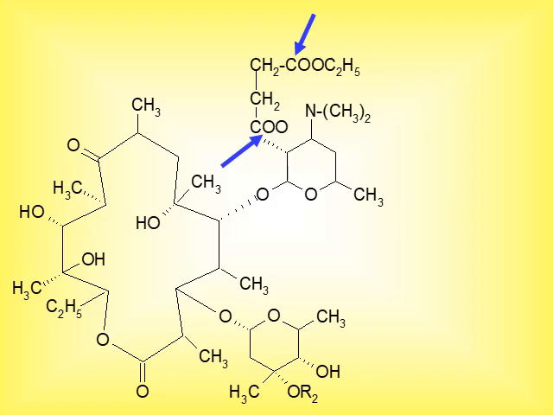As we see here from the blue arrows, one carboxylic acid will be attached to the desosamine and the other will attach to ethanol. So it is a mixed double ester, insoluble in water and tasteless, so we use it as an oral suspension for pediatrics.